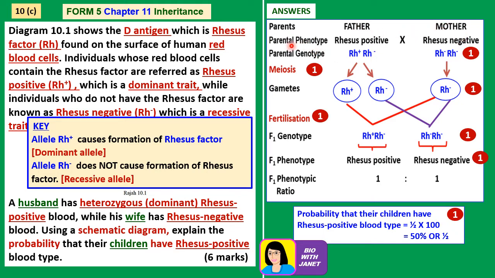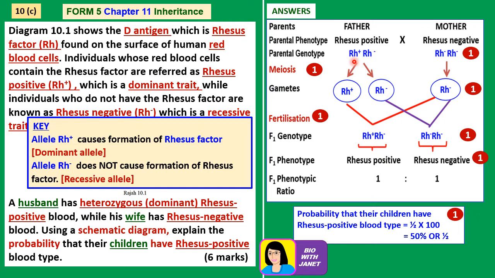So the parental phenotype is father is rhesus positive as stated in the question, and mother is rhesus negative. The phenotype is the observable characteristic that can be tested. So the blood can be tested to find out whether the parents are rhesus positive or negative.